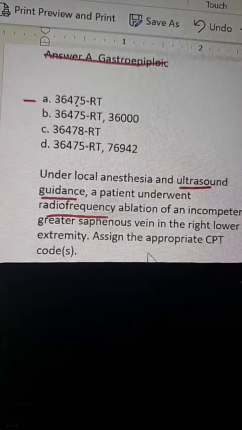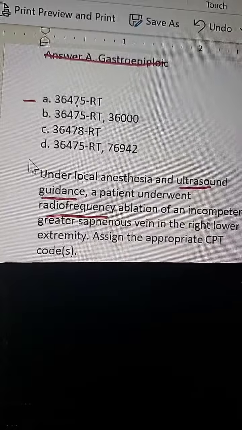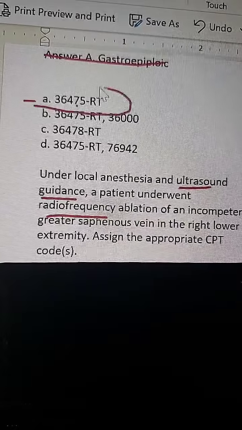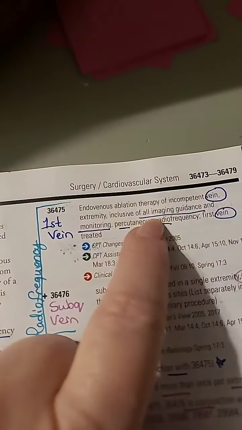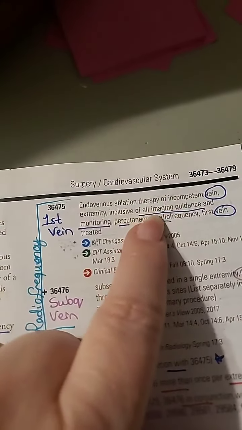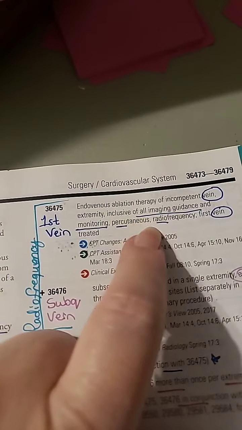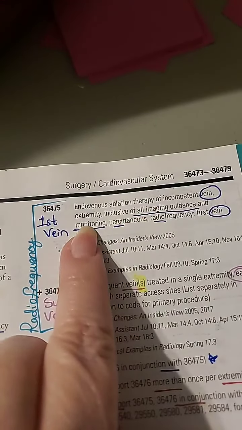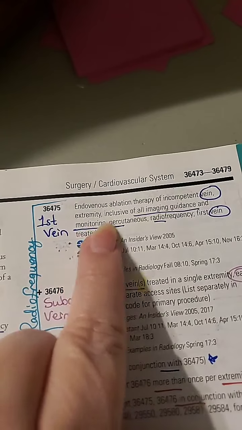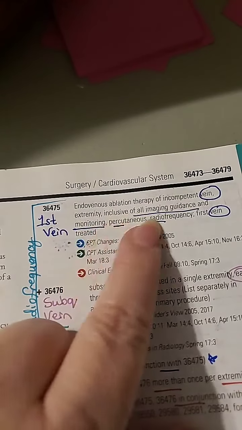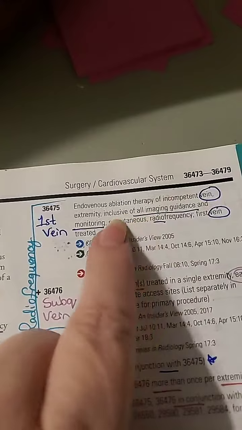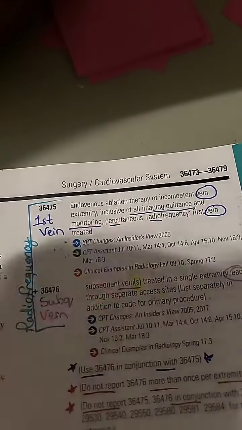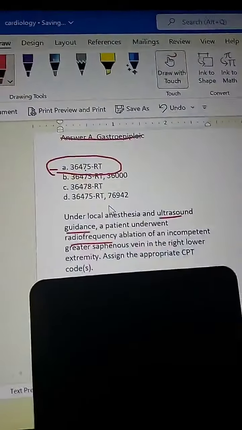Yep. I don't think there needs to be anything else. I would pick A and move on with my day. See how it includes all imaging? So it doesn't matter if it's just fluoroscope or what it is, but it says all of it, and monitoring. So it already includes your 26 modifier, anything that you could possibly think to add with it, it already includes because of that. Super helpful.